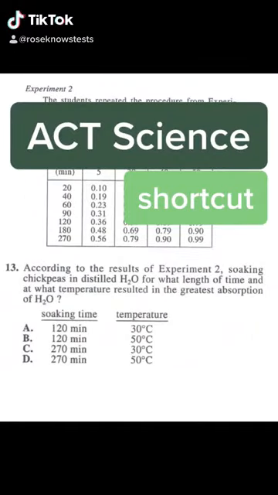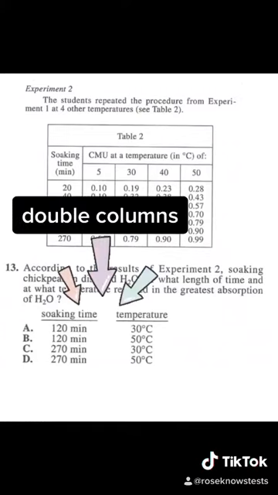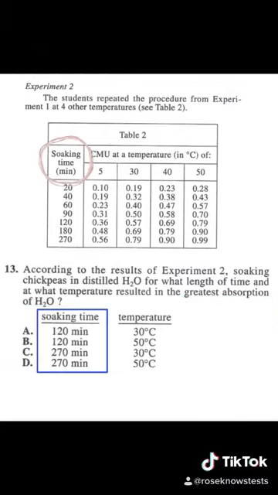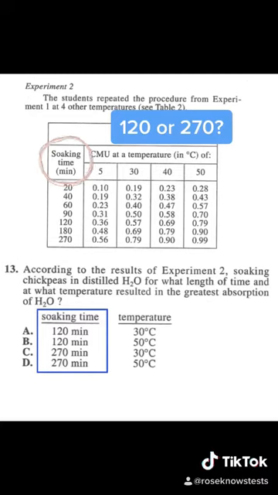On the ACT Science section, the easiest and fastest way to answer questions with double columns in the answer choices is to tackle one column at a time. This question is asking for which conditions resulted in the greatest absorption of H2O. First, focus on soaking time. Did soaking for 120 minutes or 270 minutes result in greater absorption?